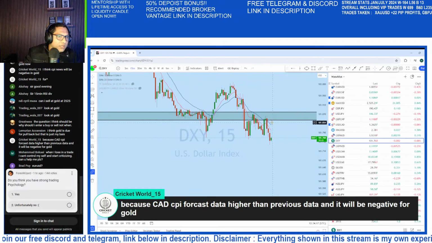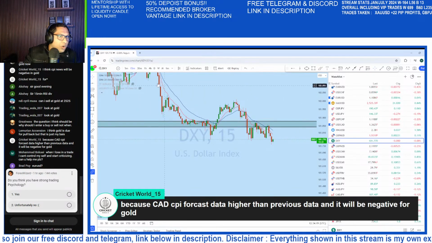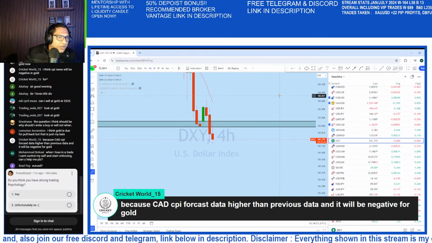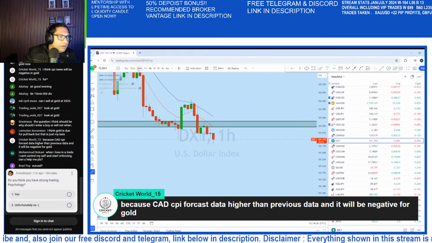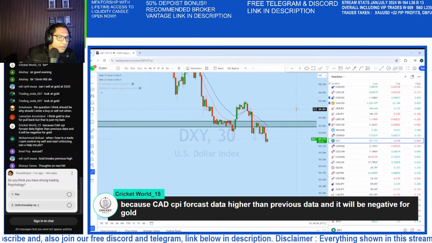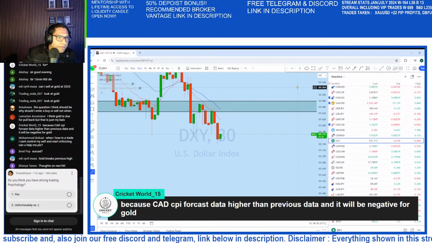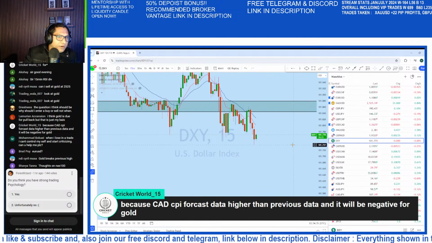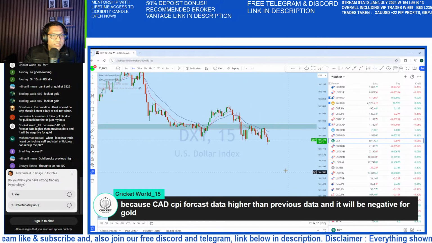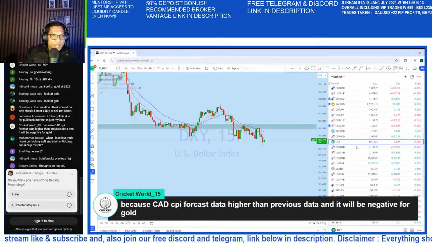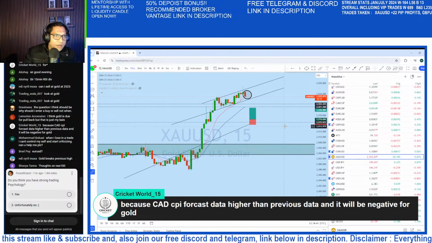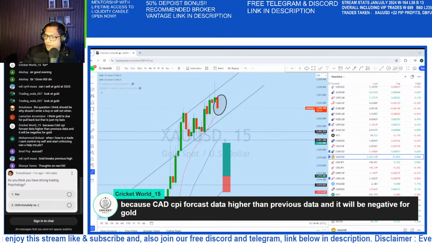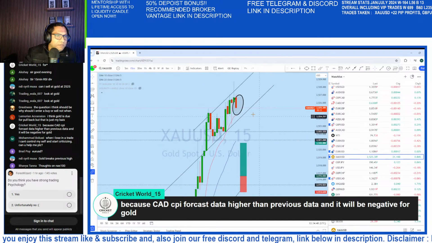So on DXY, you can see that this is a downtrend, and because it's in a downtrend, with a big drop here, let's see how gold is reacting to that price action.